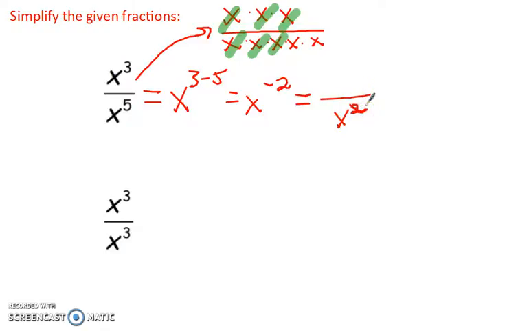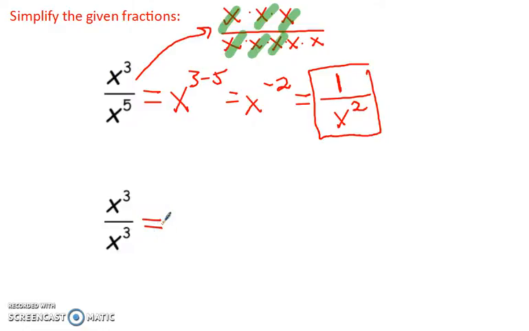And since all the top is gone, there's nothing left on the top again except for that 1. Which means that any negative exponent is really the reciprocal. You can move that to the denominator as a positive exponent. And now we have a simplified statement without any negative exponents.